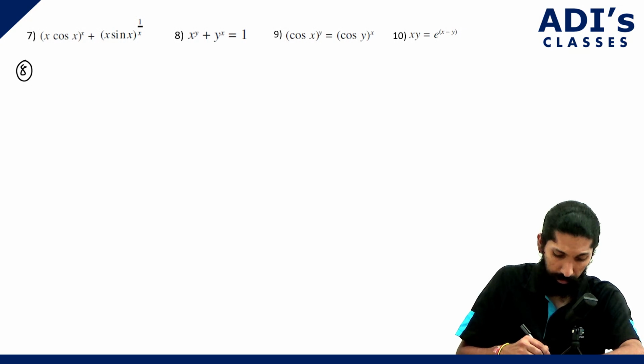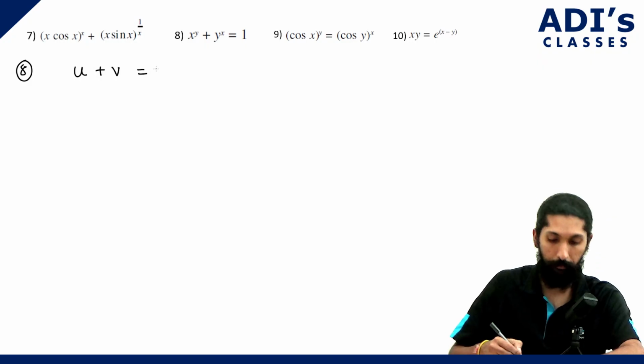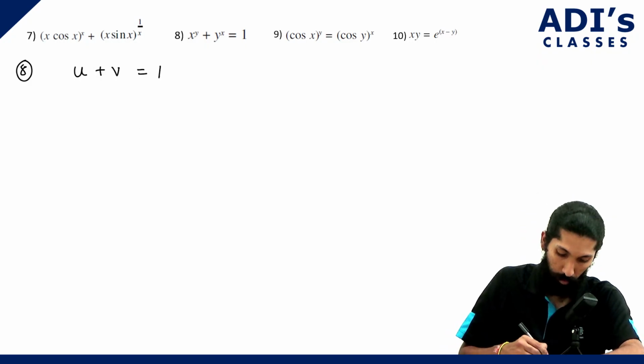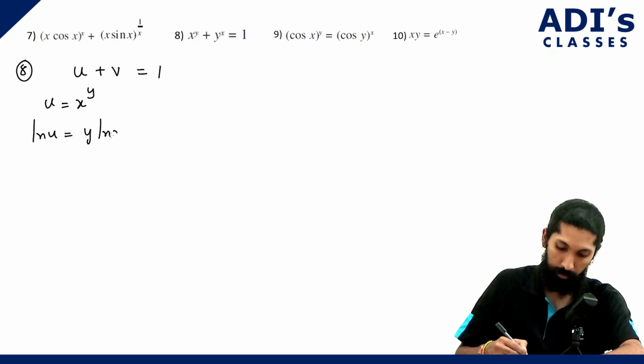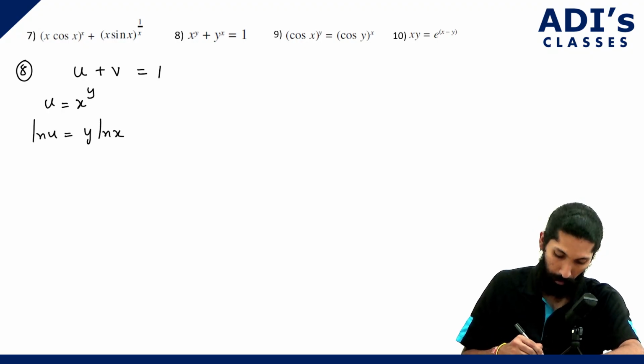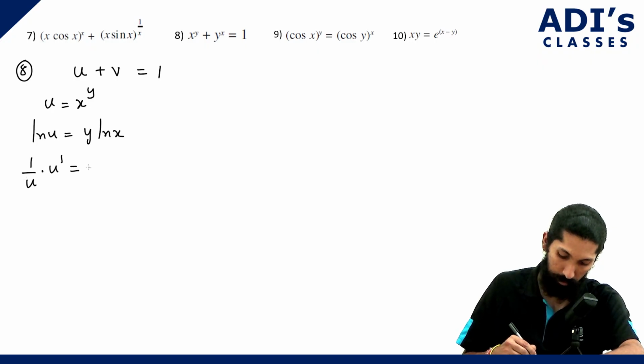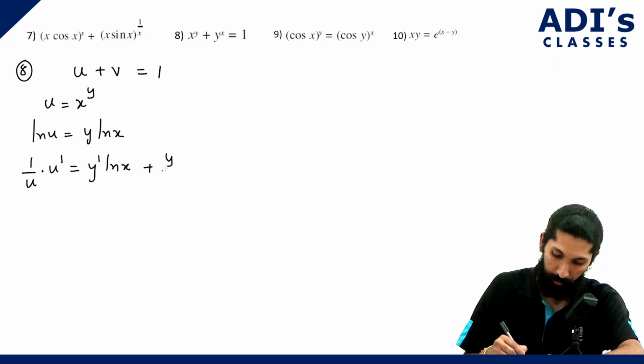u plus v is equal to 1. Alright? So u is equal to x power y. So log of u is y into log of x, isn't it? So 1 by u into u dash is y dash into log of x plus y divided by x, right?